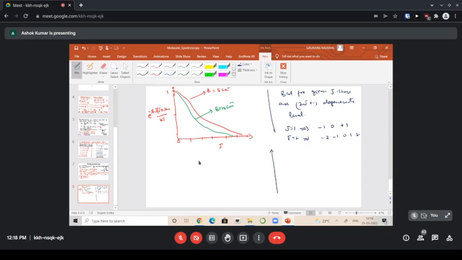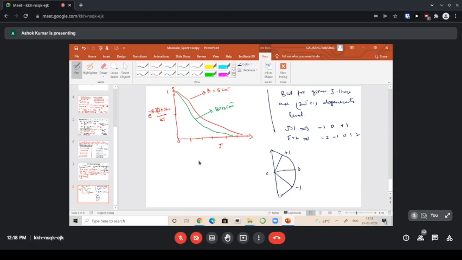This is 0. One is this. So this corresponds to J equal to 0, and this corresponds to J equal to 1. This is 0, this is plus 1, and this is minus 1.